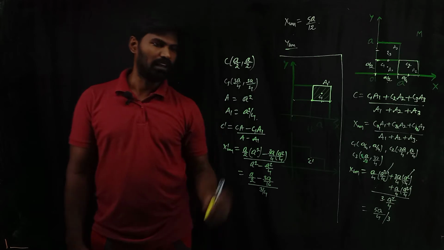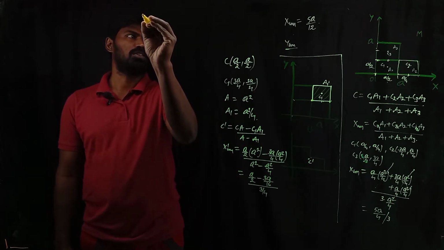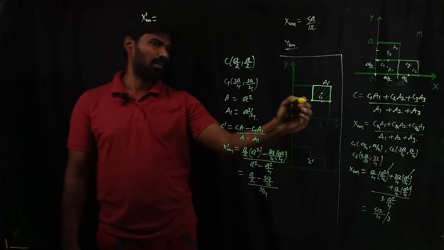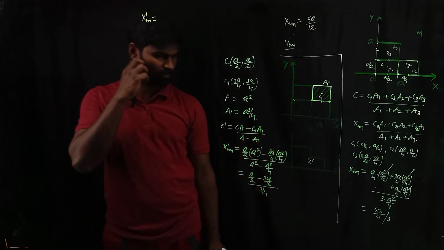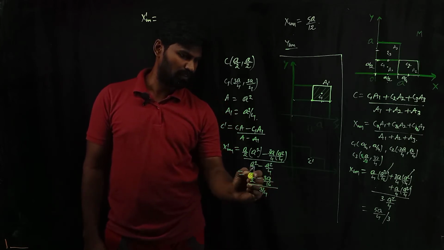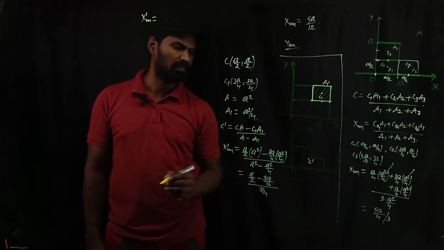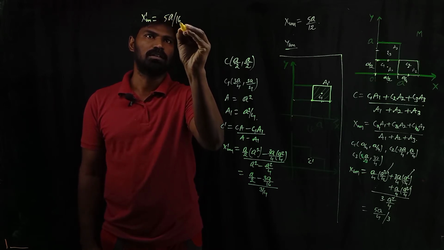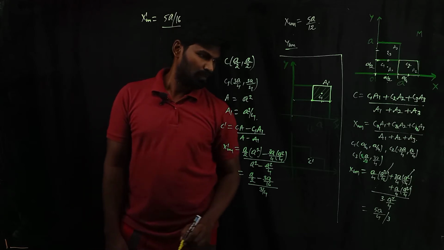So x dash, that is the new x coordinate of the center of mass of the remaining portion, is given by a divided by 2 minus 3a divided by 16. If you take LCM, 8a minus 3a is 5a, so 5a divided by 16, divided by 3 divided by 4, the denominator.